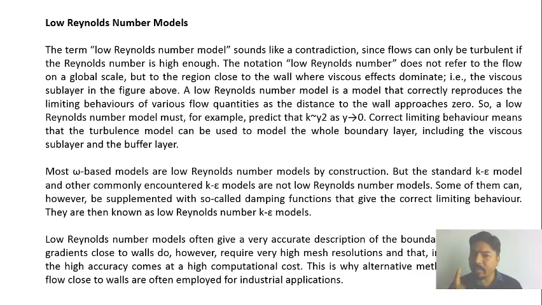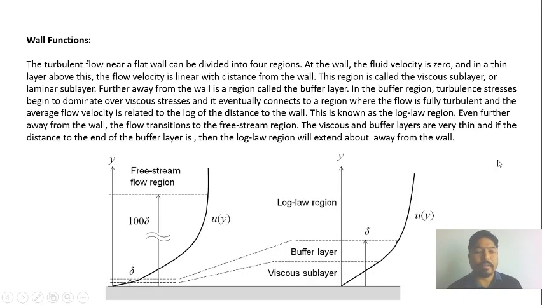Of course, while performing a computational fluid dynamics analysis, we know what the requirements are to solve that particular problem. This is why alternative methods to model the flow close to walls are often employed for industrial applications. Okay, we'll move to our next slide.